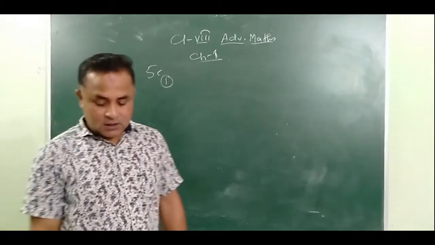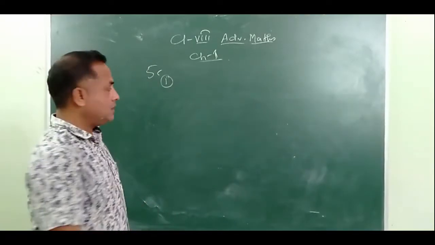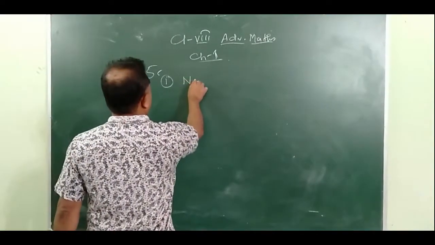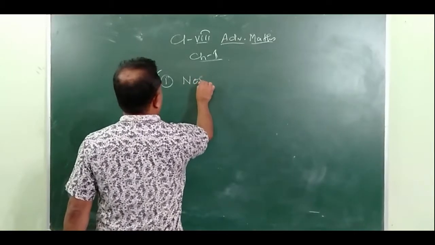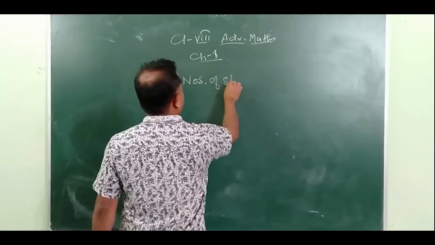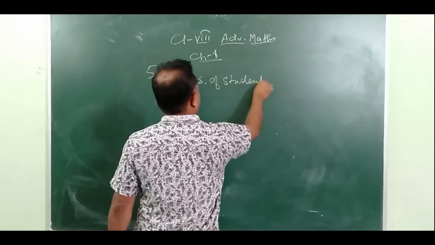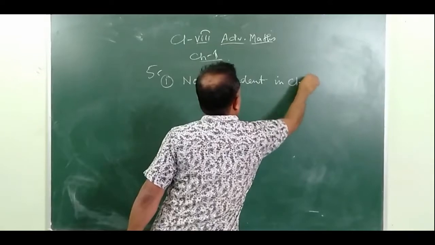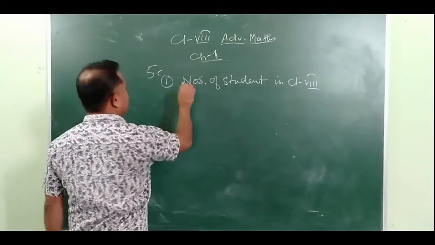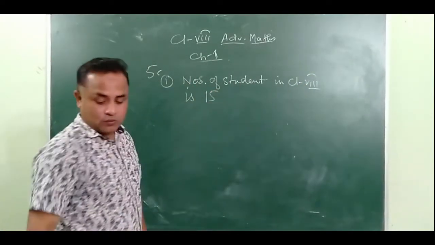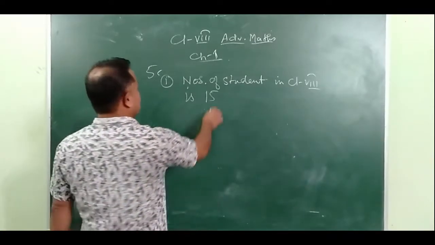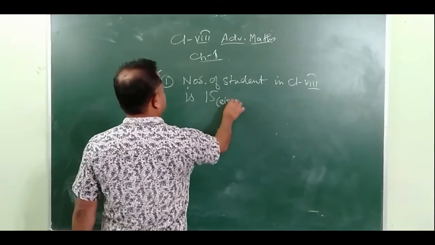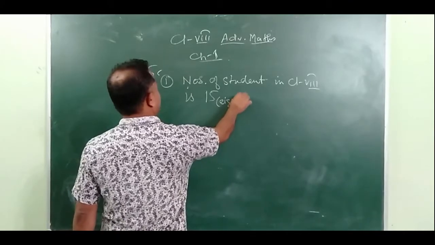What does it say? The number of students in class 8 is 15 to the base 8. So here the base is given.